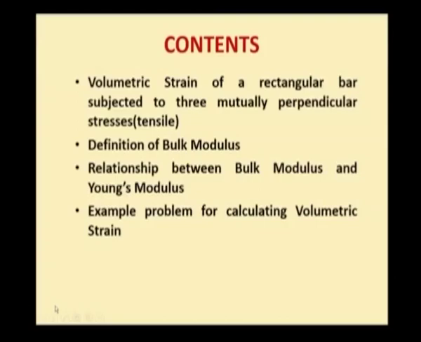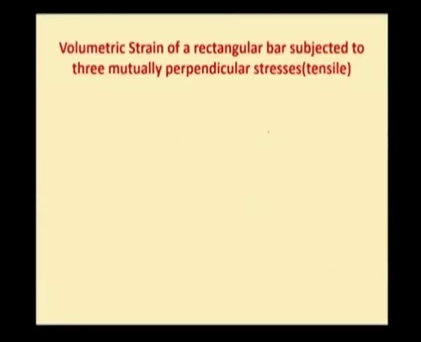Now, we shall obtain the expression for the volumetric strain of a rectangular bar subjected to 3 mutually perpendicular tensile stresses. Small px is the tensile stress acting along the x axis, which is the length of the bar.